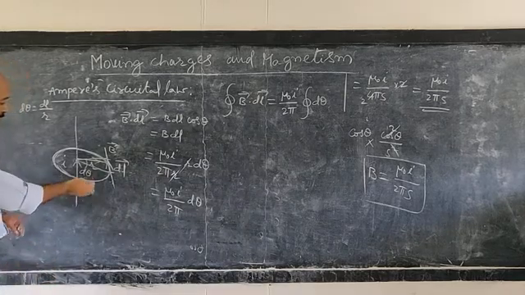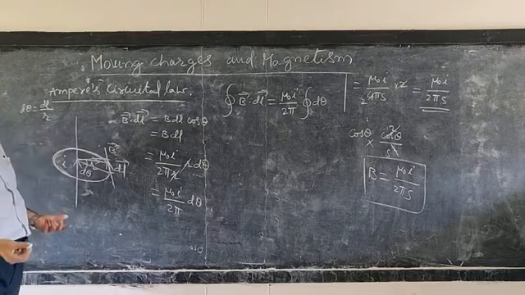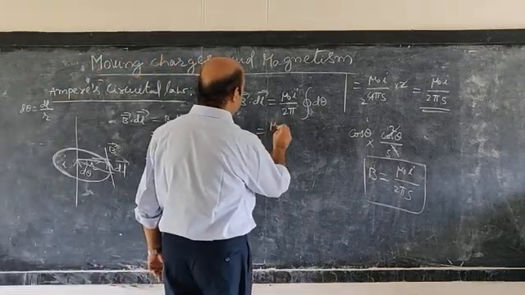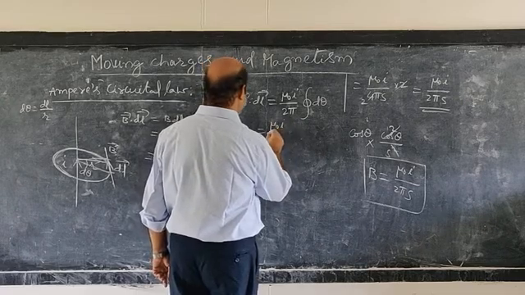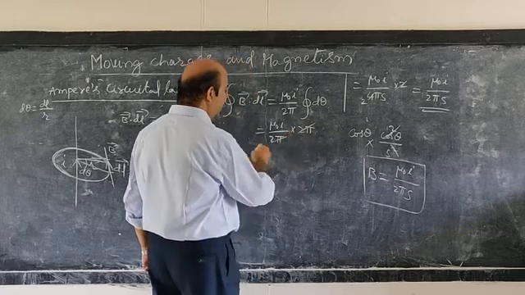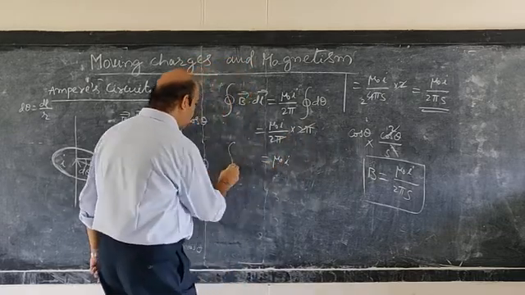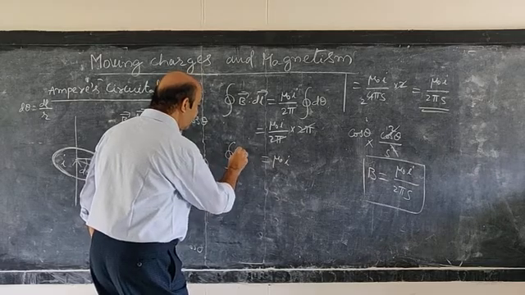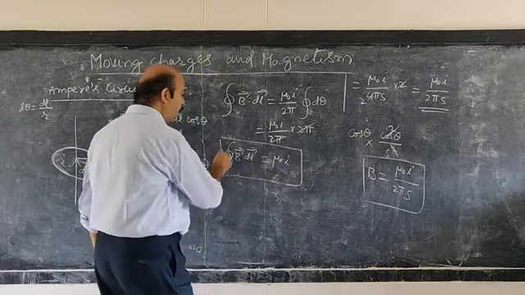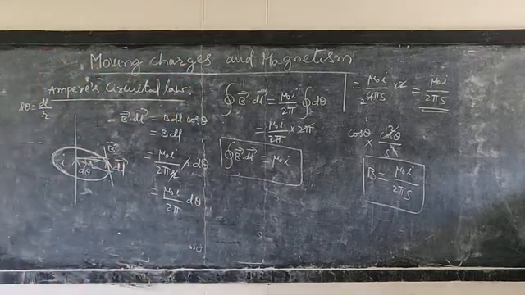Now you know, if you sum up these angles for this entire circular path, that comes out to be 2 pi radians. Hence this is mu naught I by 2 pi into 2 pi. So this gets cancelled. Hence we get mu naught I. So the closed path integral of B bar dot dl bar is equal to mu naught times I. So that is Ampere's circuital law.